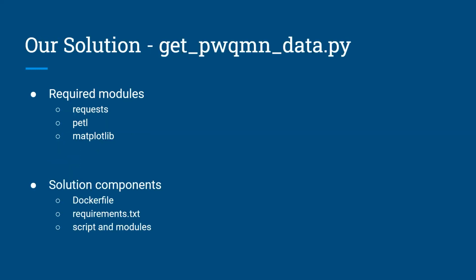So the solution that I built here, it is a Python script. We're using 3 modules that we need to import. If you haven't used Python before, modules are reusable components of code that are either written by you or written by a third party.